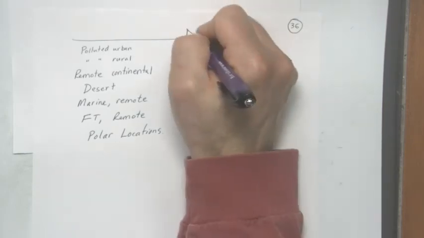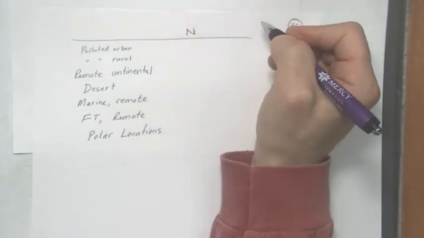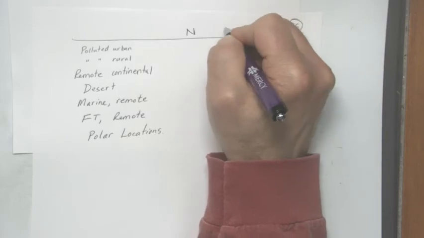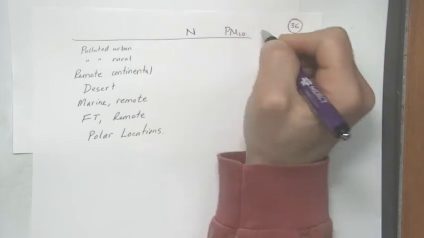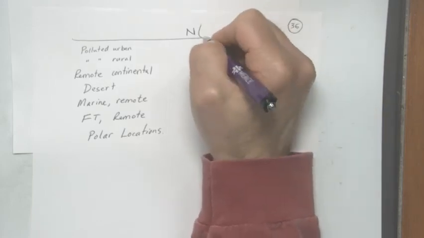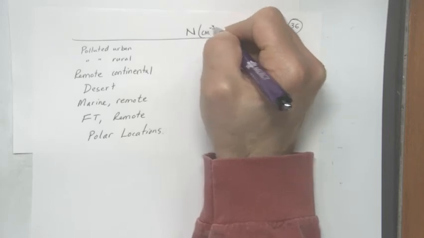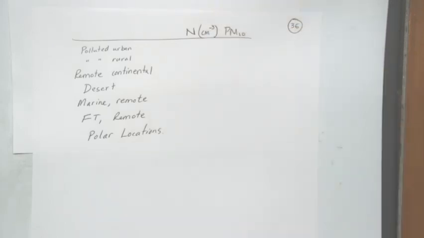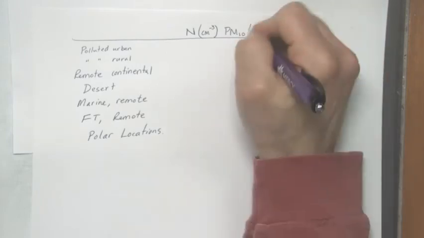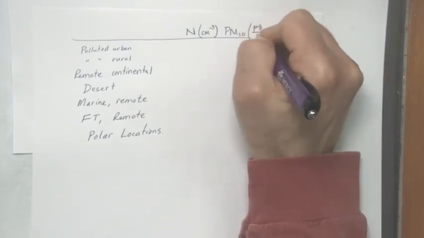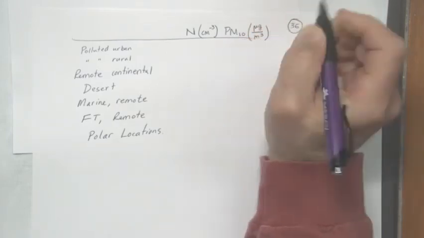And we can characterize these by their particle number and by their PM10. We usually use units of inverse centimeter cubed, so number per cubic centimeter of air. And here we usually use micrograms of mass per cubic meter of air.